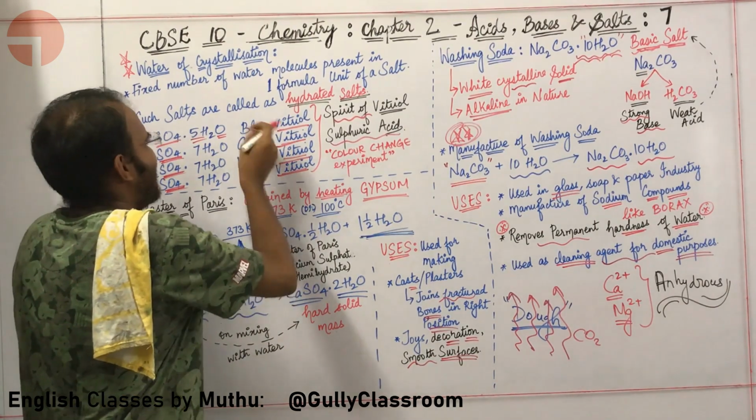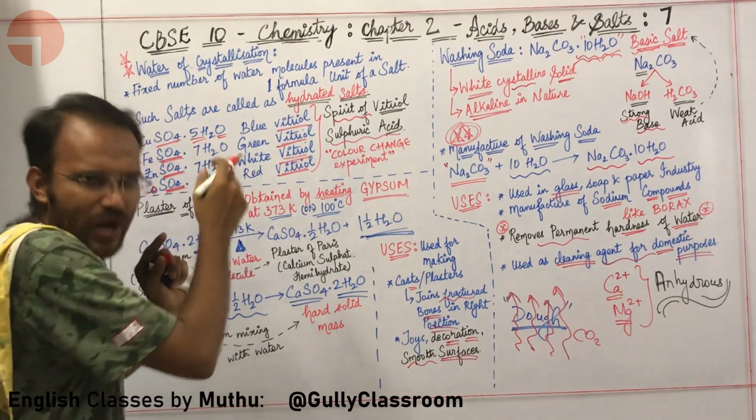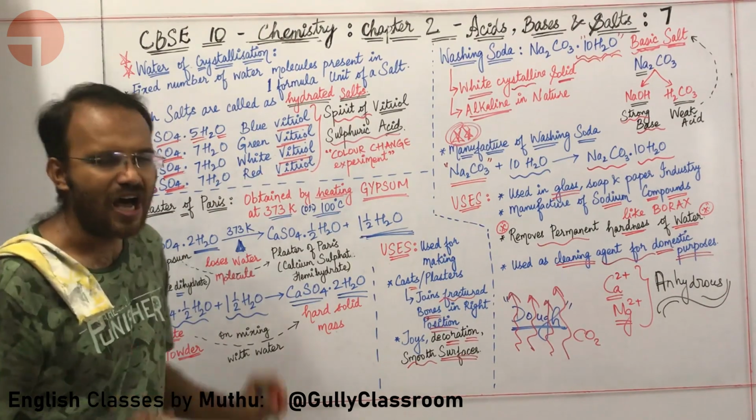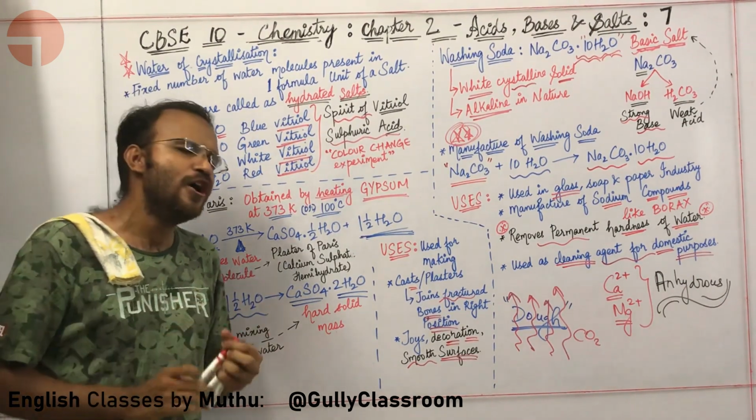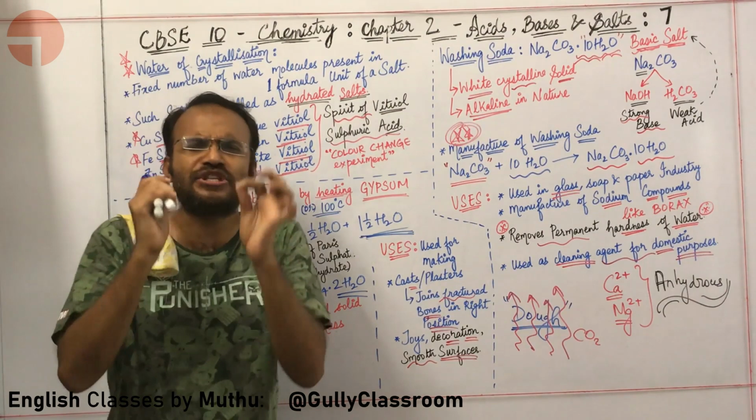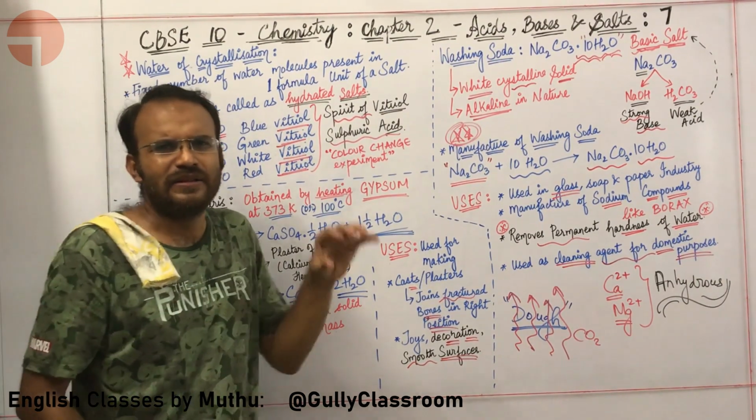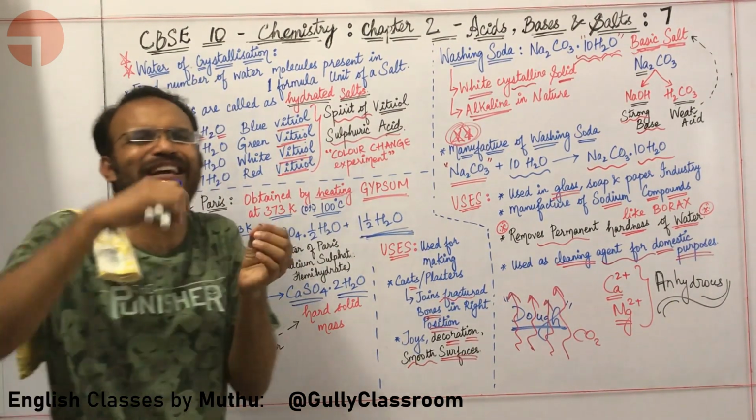So, we are naming them blue vitriol, green vitriol, white vitriol and red vitriol. Are you comfortable with the analysis? Okay, sir. Sir, how am I supposed to prove that these particular salts contain water?